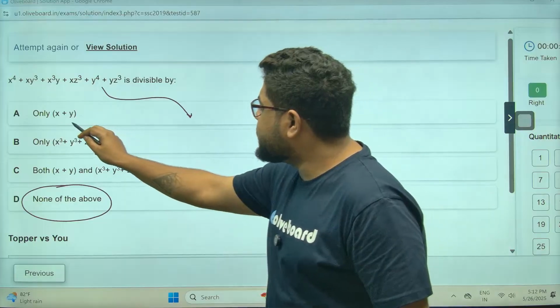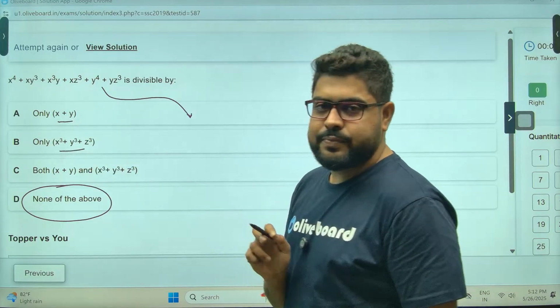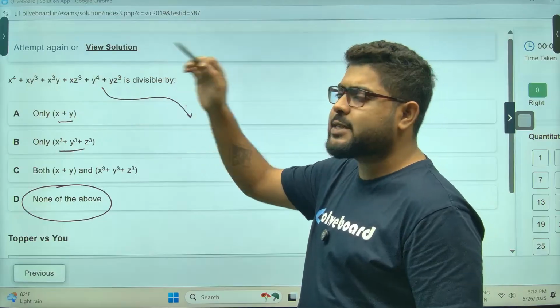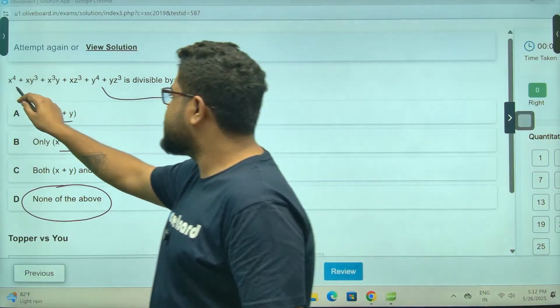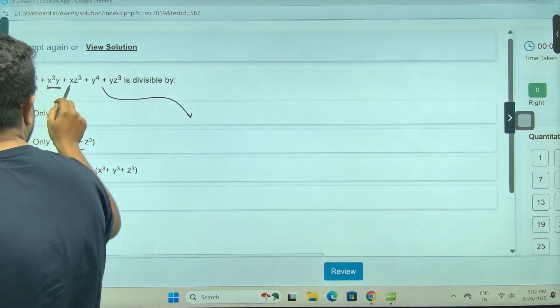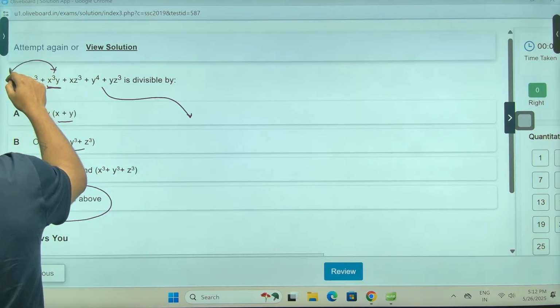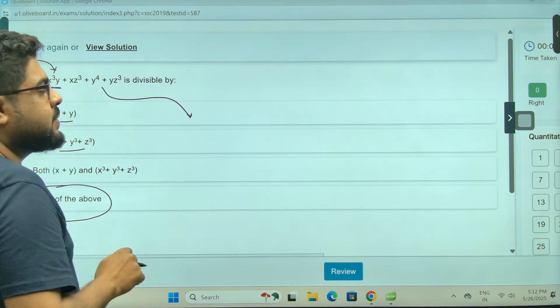Sir, x plus y is given. This is also given. So let's see if I can take common in such a manner that x plus y will remain, x to the power 4. If I take x cube common from here, I am getting an xy.